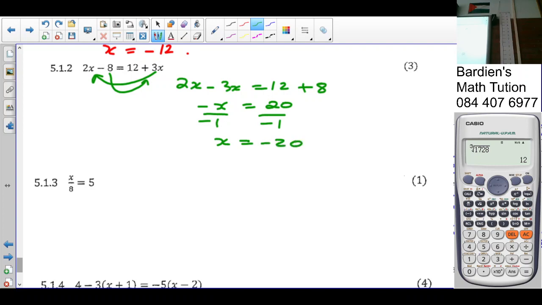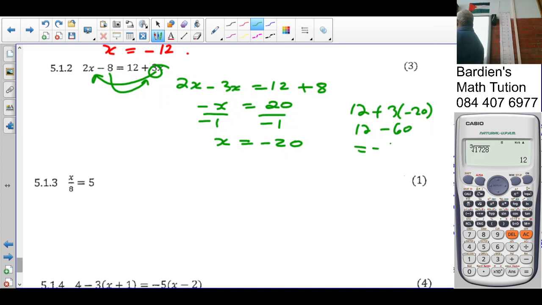Any confusion? You can test it as well. Whenever I say x, I put a negative 20. What's 2 times negative 20? Negative 40 minus 8? Negative 48. Now on the left hand side I'm putting negative 20, so 12 plus 3 times negative 20 is going to give you 12 minus 60, and 12 minus 60 is negative 48.